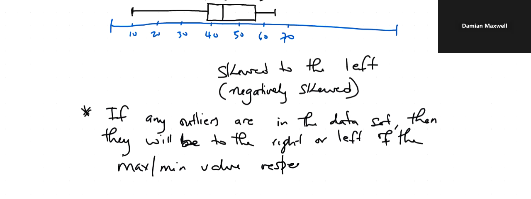In other words, if I have an outlier to the right, it will be to the right of the max. An outlier to the left will be to the left of the min.